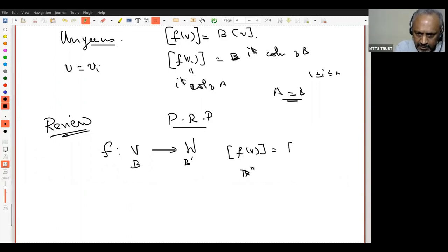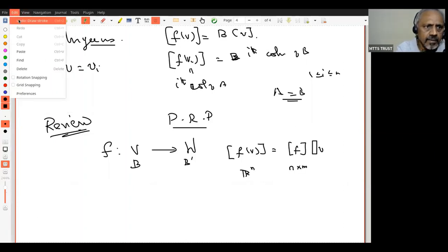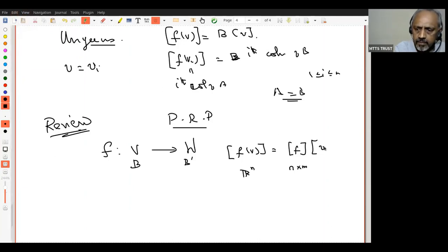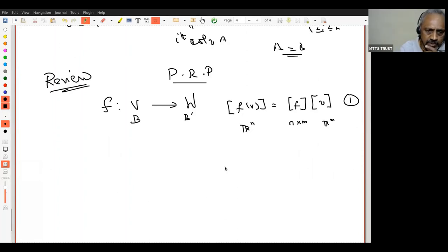This column vector is the matrix of f, of type n cross m, acting on the vector v, which is a vector in Rm. Okay, keep this in mind. This is going to play an important role.